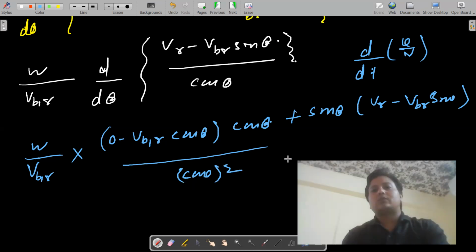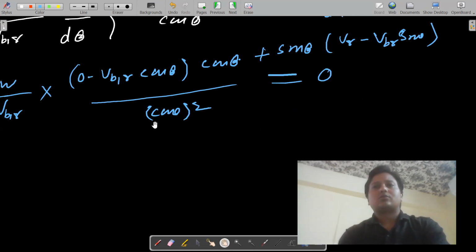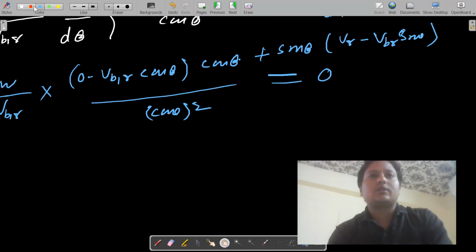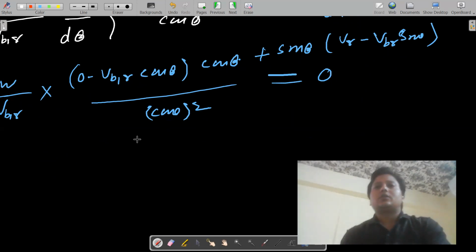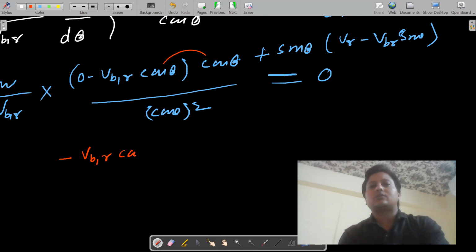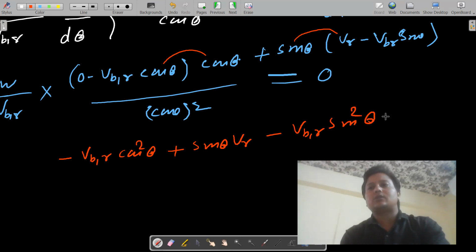For maxima or minima we equate it to 0. So we get minus VBR cos squared theta plus sin theta into Vr minus VBR sin squared theta equals 0.